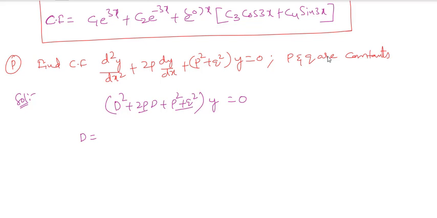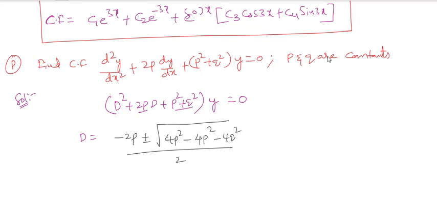Minus b means minus 2p, plus or minus square root of b square minus 4ac. b square means 2p whole square, which is 4p square, minus 4ac. The a value will be 1, the c value will be this one. So minus 4p square minus 4q square, divided by 2a, where the a value will be 1. Am I right or not?